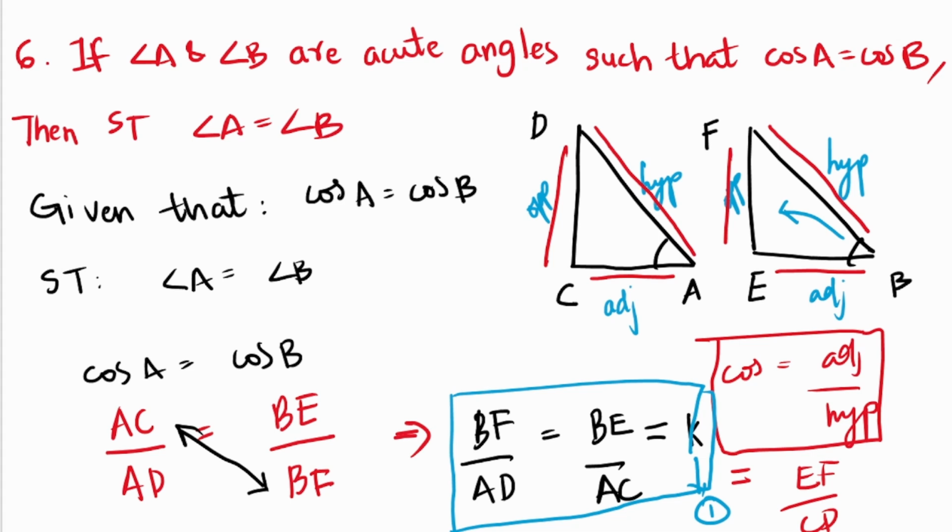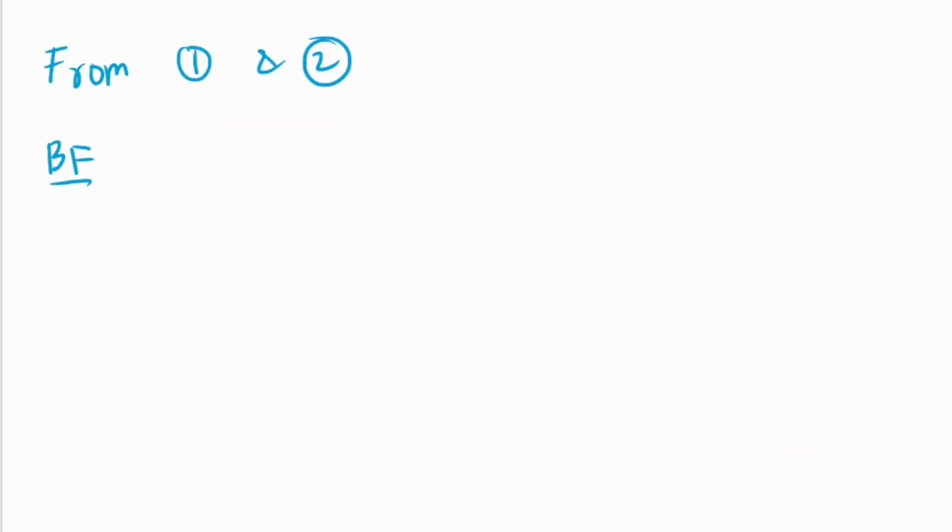BF by AD, BE by AC, and EF by CD. We have got these three ratios to be equal.